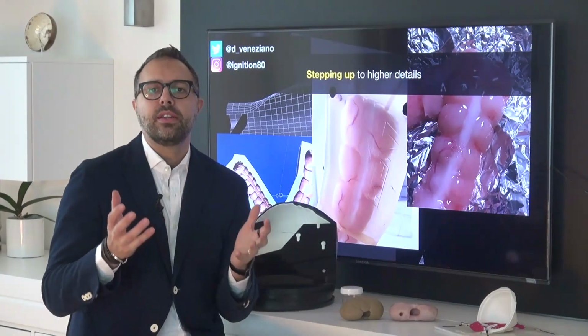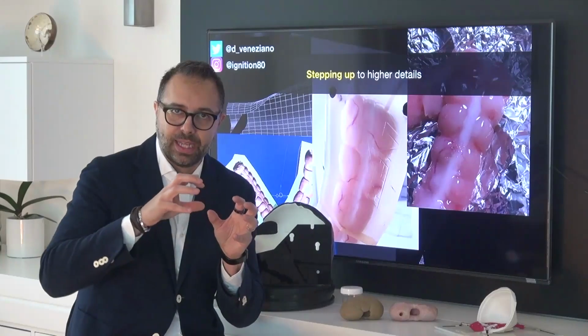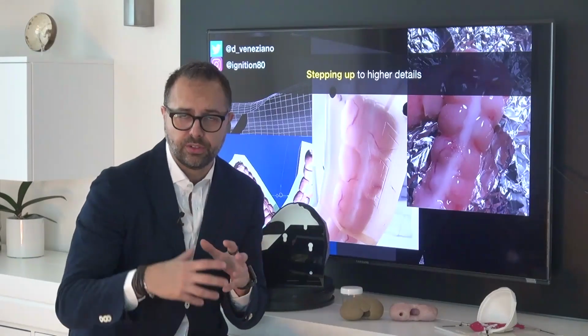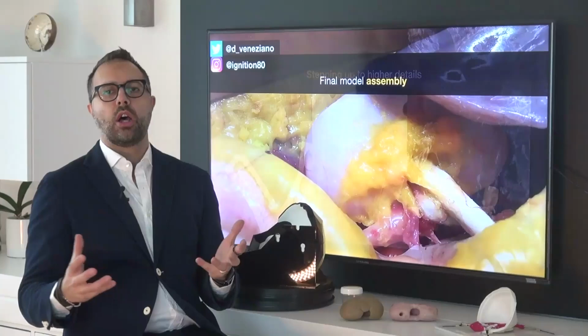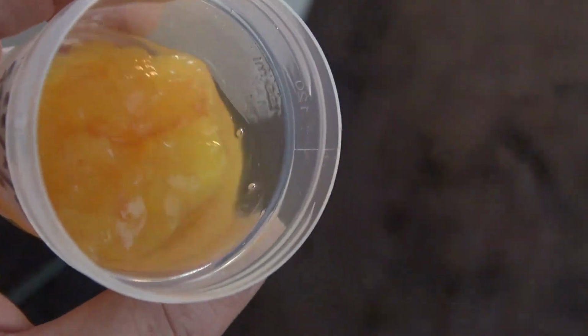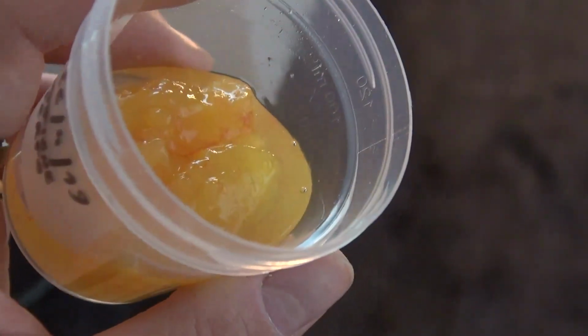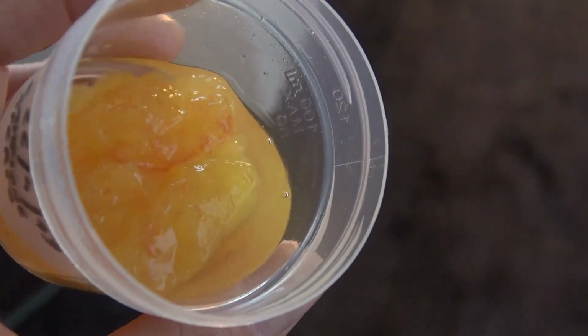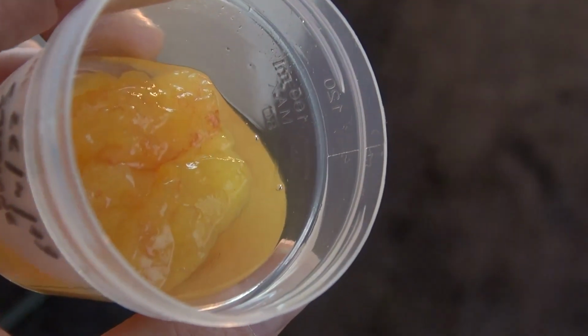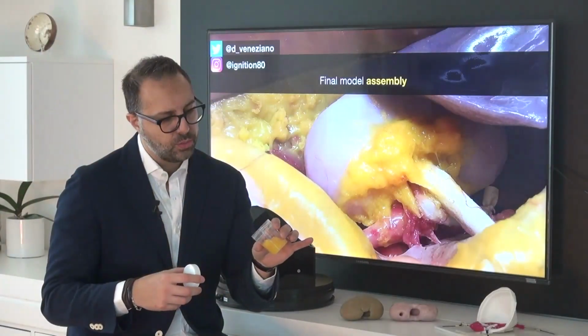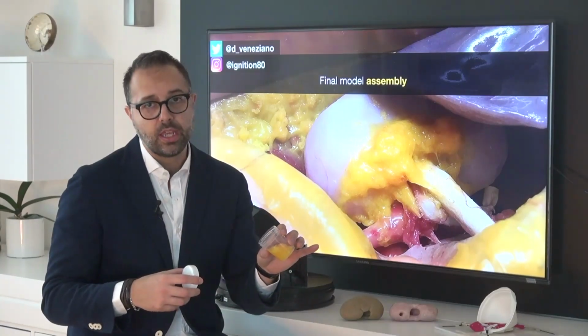Of course, after creating all these little parts of the full model, you can go on and assemble everything. On this model, we already were using a different fatty tissue that was much more soft, and it was resembling much more the real one.